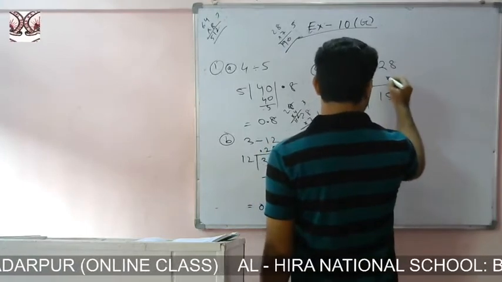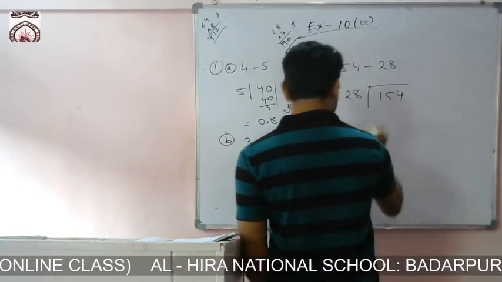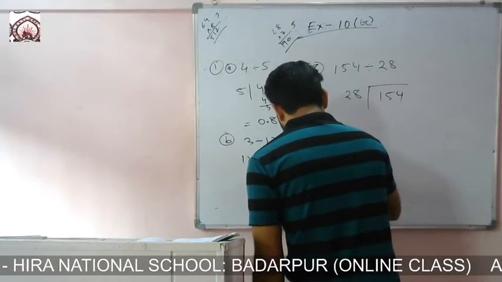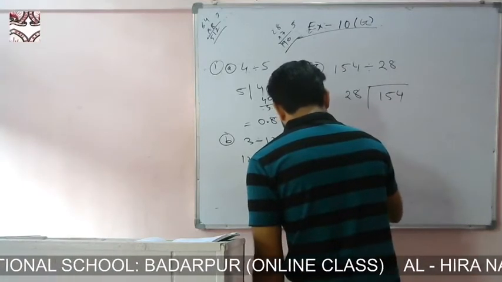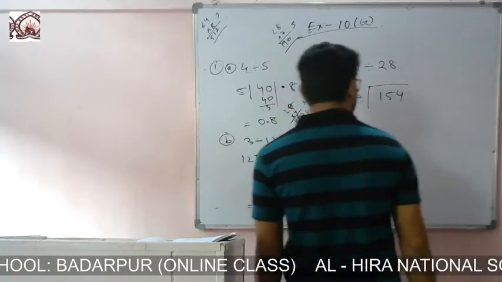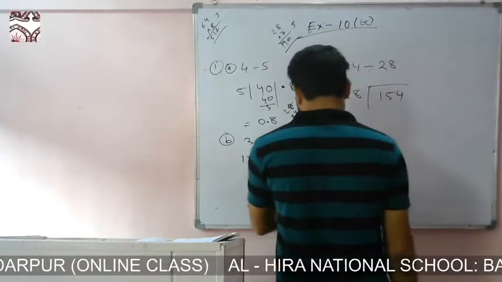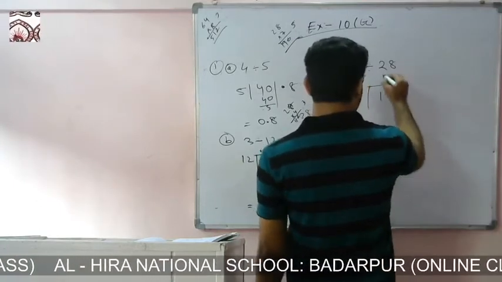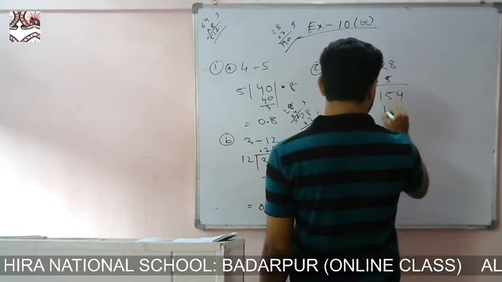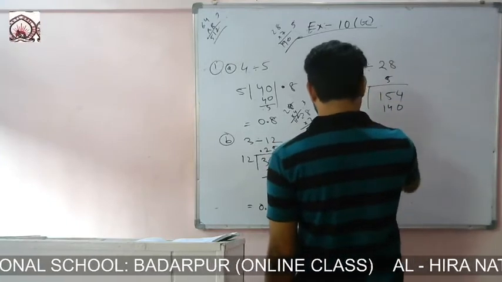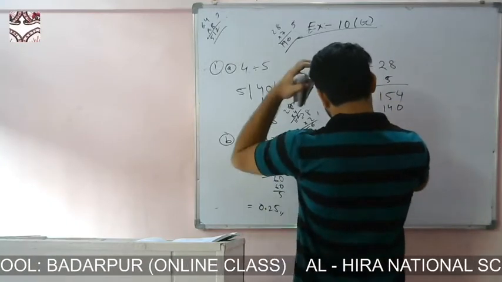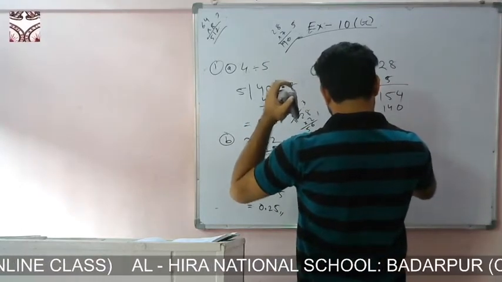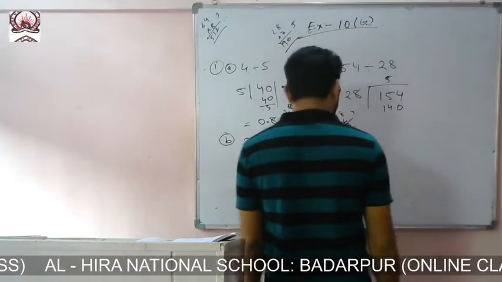Okay, then we are getting what? 28 4s are 112, then 28 5s are 140. Okay, 28 5s, we are getting what? 140, and 28 6s, let us check. 168 we are getting. Okay, 28 6s.